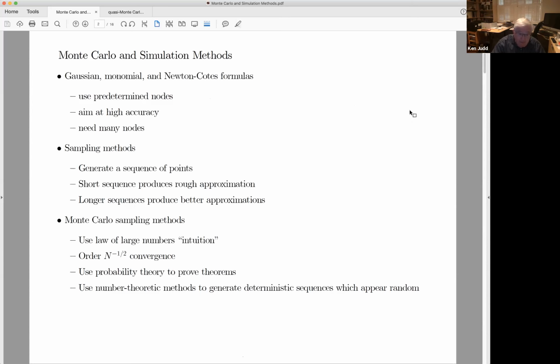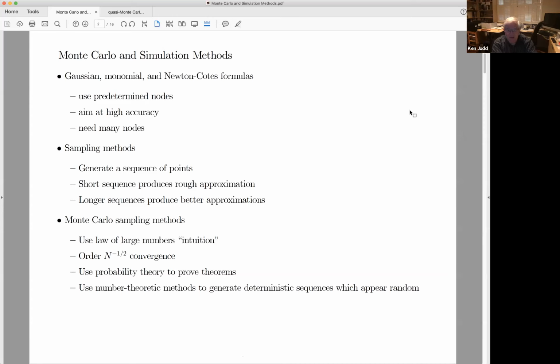Now, what I showed you before, the classical quadrature. By the way, I say numerical integration. Another term that's used is quadrature. Quadrature, I think, is a more general term. Sometimes you will hear people talk about integrating a differential equation. I don't like that use of the word integration.